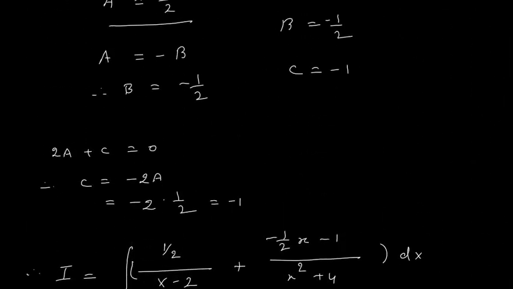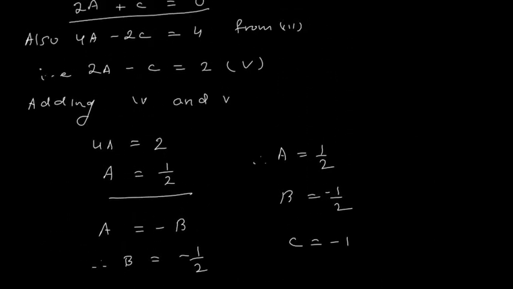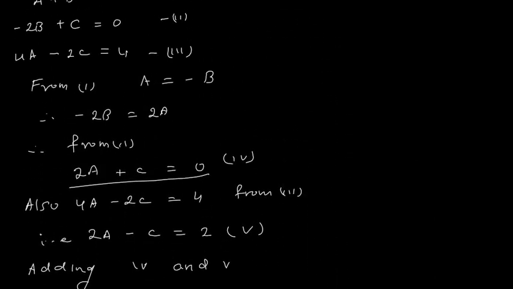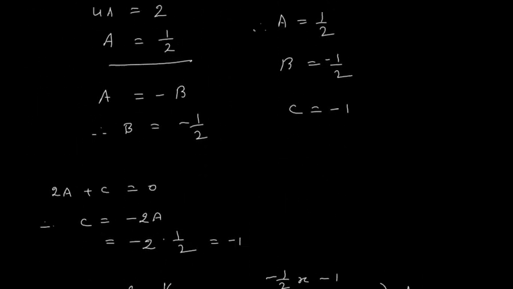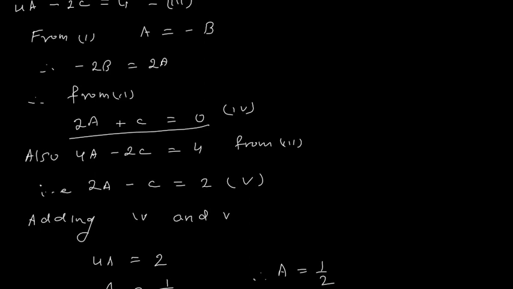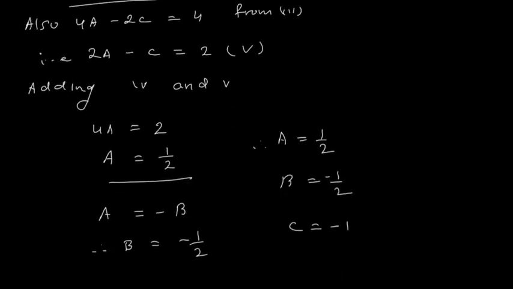Just have a look at this question again, whether I got everything correct. The value of c we are getting as minus 1. So if I put minus 1 here, I think there is something wrong with the value of c.